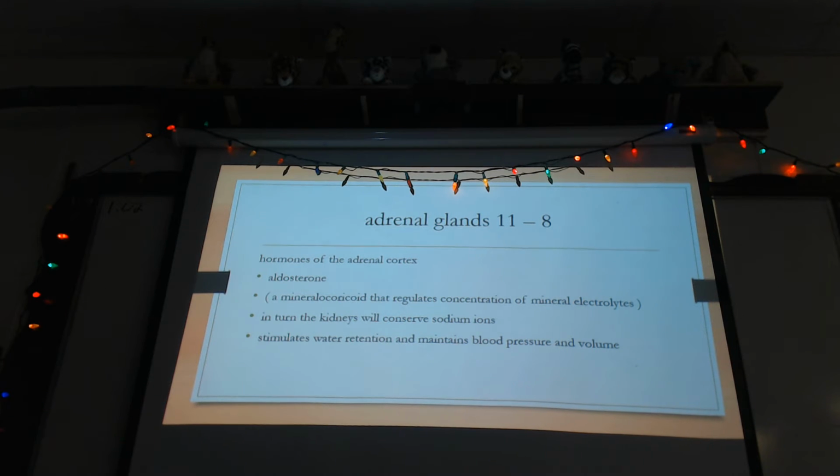So we said probably the most important gland, the pituitary, has two sides, the adenohypophysis and the neurohypophysis. In that name, which one sends hormones through the bloodstream?